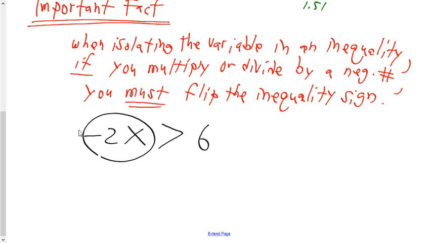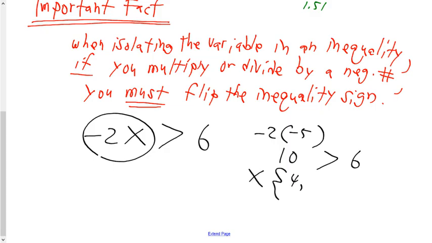Negative 5. So if I substitute a negative 5 for x, I get a positive 10. And a positive 10 is greater than 6. So we now know that our set is going to be negative 4, negative 5, negative 6, forever. Any of those numbers are values of x that would make the expression negative 2x have a value greater than 6.